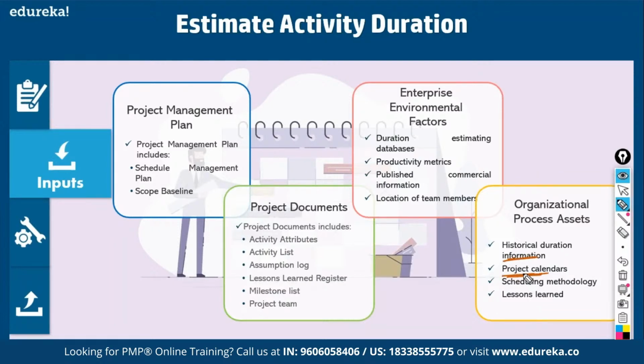If a project is running on 2 shifts, you'll have 2 project calendars. 3 shifts, 3 calendars. So you have to plan for schedules in all the calendars, isn't it? Then scheduling methodology. You have precedence diagramming method, activity on node, so many methods, critical path, critical chain. You can decide what has to be applied. Fine.